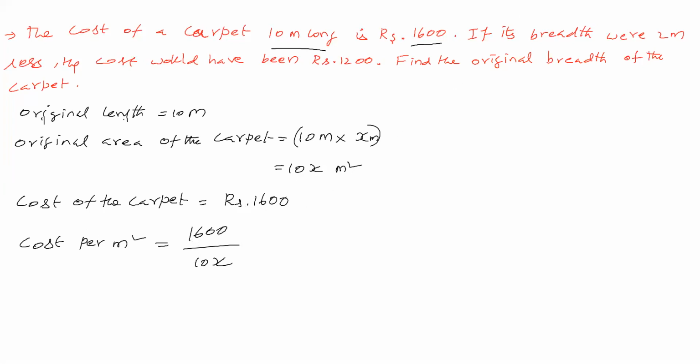Now we will go for the change. New length of the carpet is 10 meter. The original length is 10 meter and the new length is also 10 meter, because regarding length nothing is said.